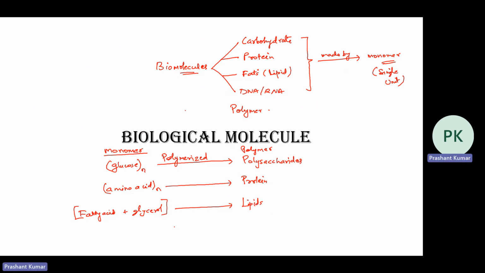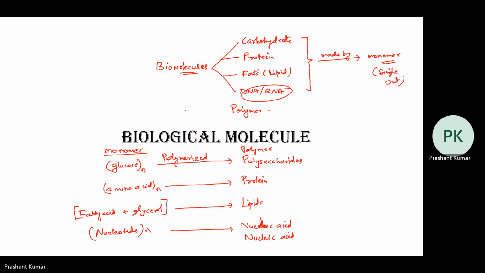And in case of DNA and RNA, there is a monomer unit called nucleotide. Many nucleotides combine to make nucleic acid.